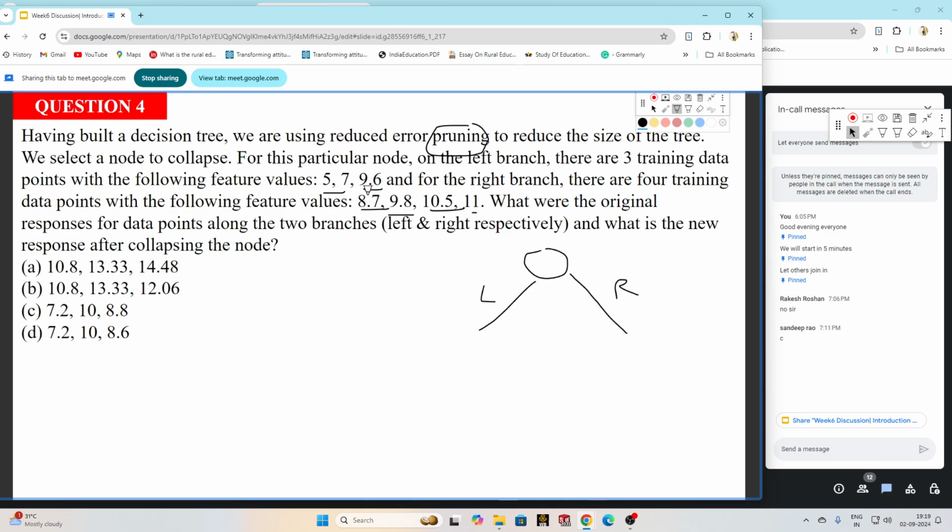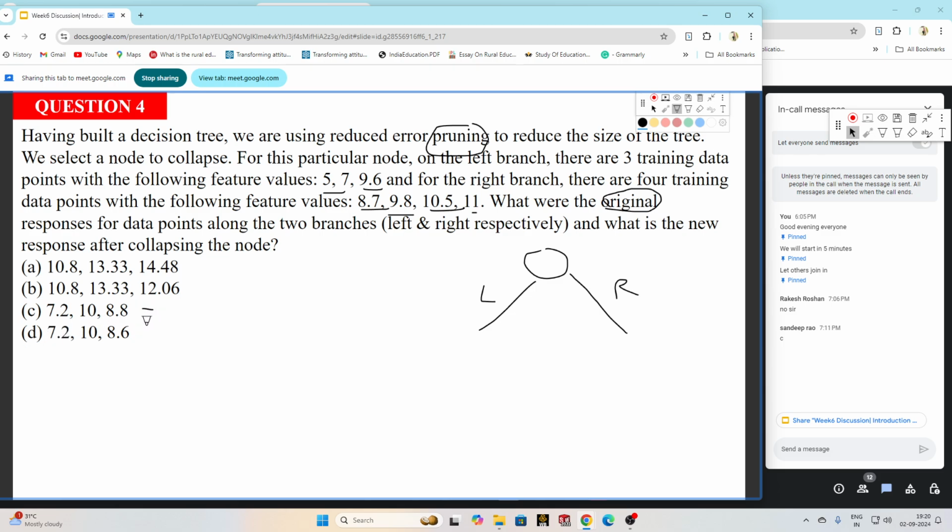The original response on the left node is the mean: 5 plus 7 plus 9.6 divided by 3, which is 21.6 divided by 3, equal to 7.2.